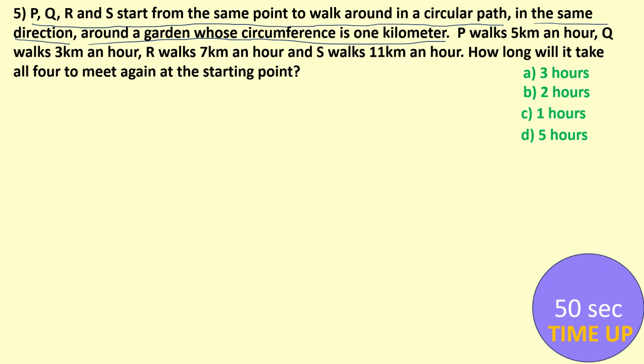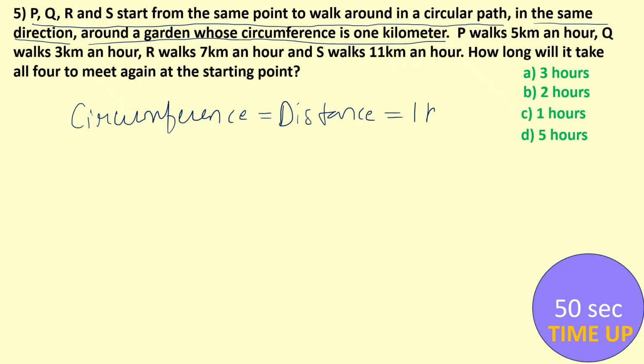So circumference is given, that is nothing but the distance that all four of them have covered. That is 1 kilometer.